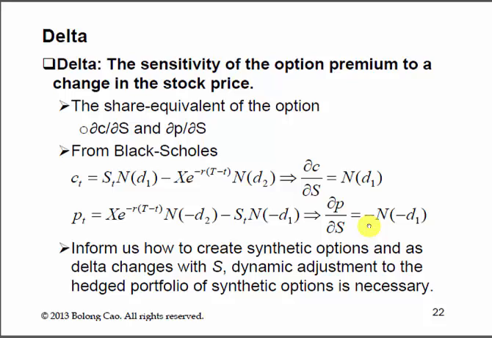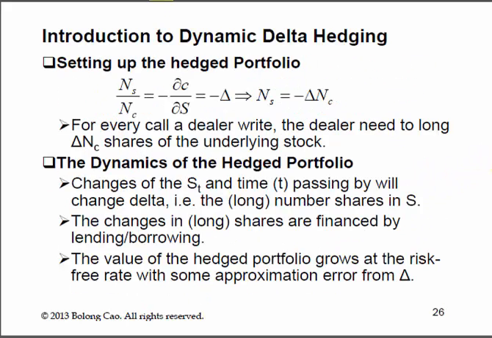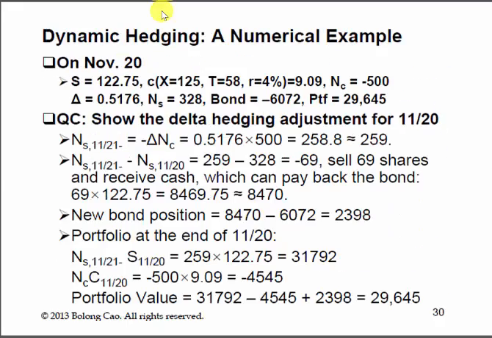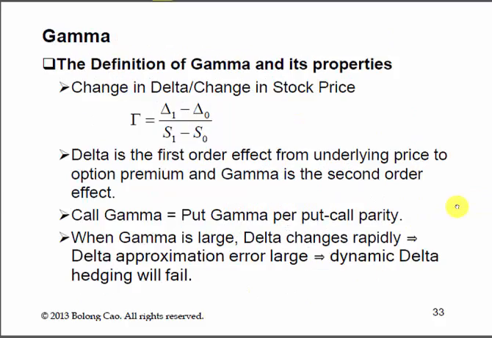Then if you differentiate those two things with respect to the underlying price, you basically get the same number, which is gamma. So that's why call gamma equals put gamma.